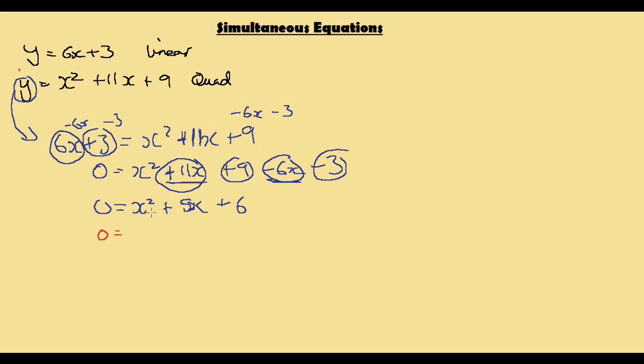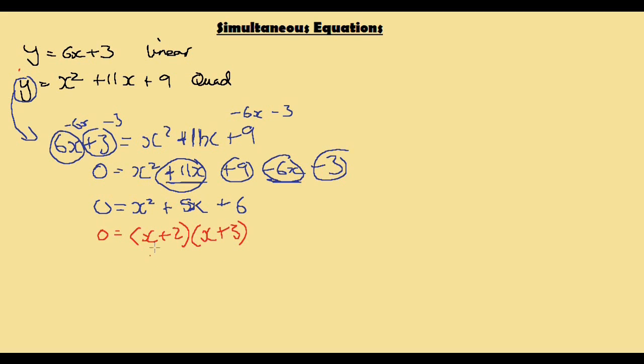So plus 6 plus 5x, so I know that this must be x plus 2 and x plus 3, because 3 times 2 is 6. 3x plus 2x makes 5x, and then we've got the x squared. Okay, so how do we solve this?